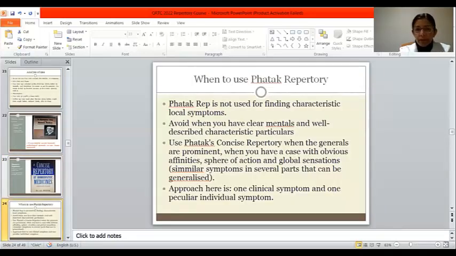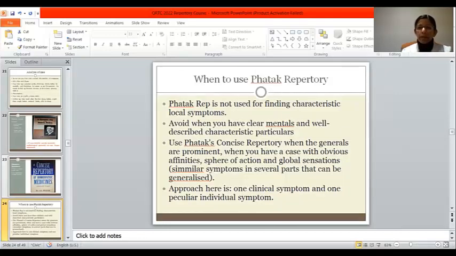So when do we use Phatak's repertory? It is not used for finding characteristic local symptoms. You should avoid using it when you have clear mentals or well-described characteristic particulars. So when you have a very clear mental symptom or very characteristic PQRS symptom, do not use it. Use Phatak's concise repertory when the generals are prominent.